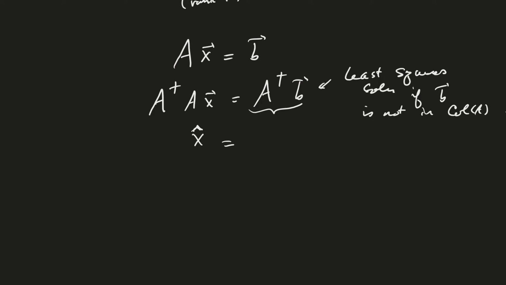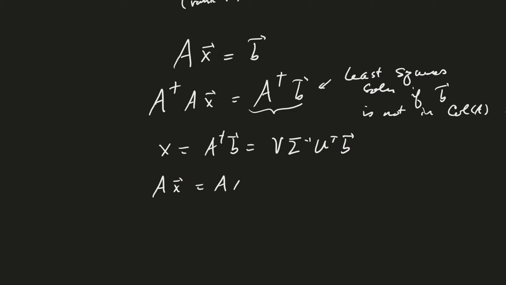Let me just show you how that's going to work. Because now that I know that my x is going to be A dagger B, if I rewrite that, that's going to be V times sigma inverse times U transpose B, right? So what happens if I take A times x? That's going to be A times A dagger times B, right? And so that's going to be U sigma V transpose times V sigma inverse U transpose times B. Oh no, I think I did put this in the assignment.